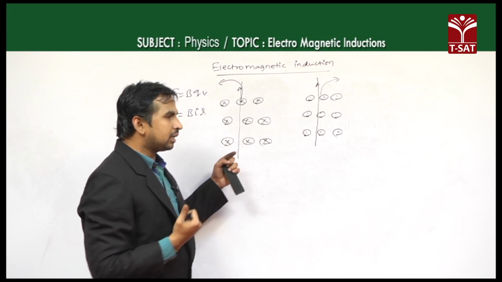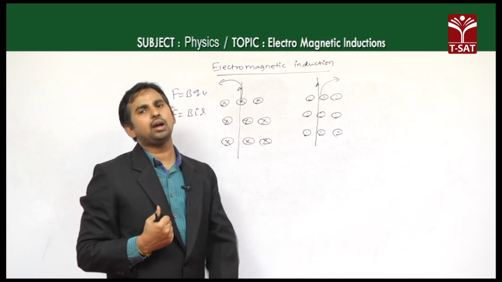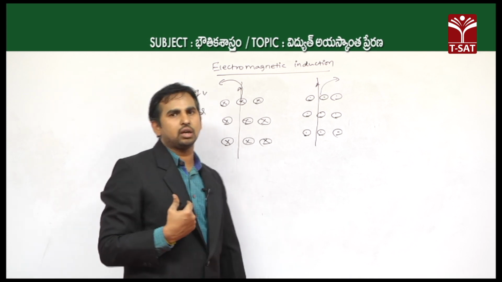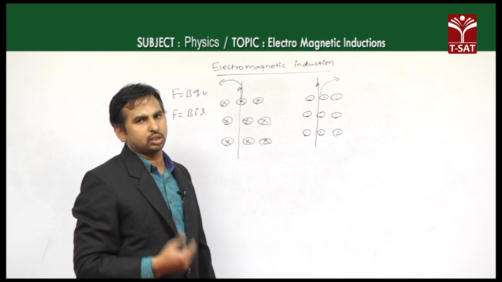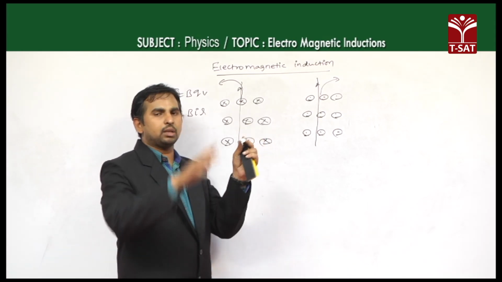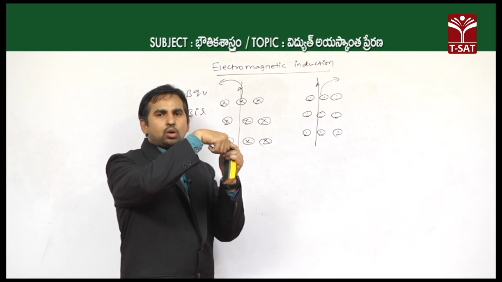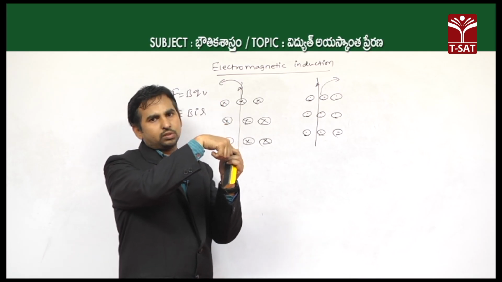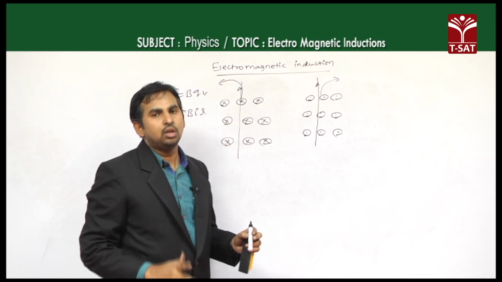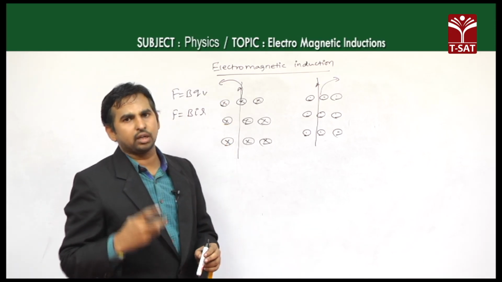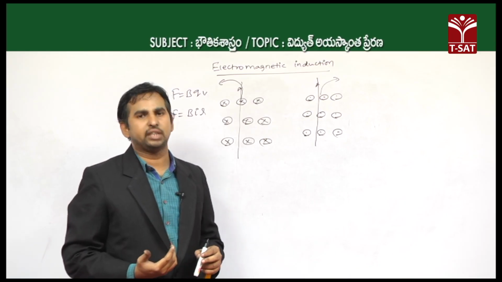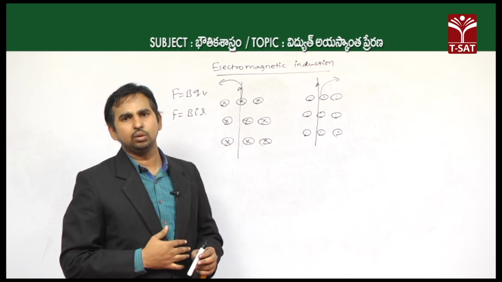If it is going into the plane, then the magnetic lines of forces are in the clockwise direction. So by using this right hand thumb rule, we can find the direction of the magnetic lines of forces around a current carrying wire.